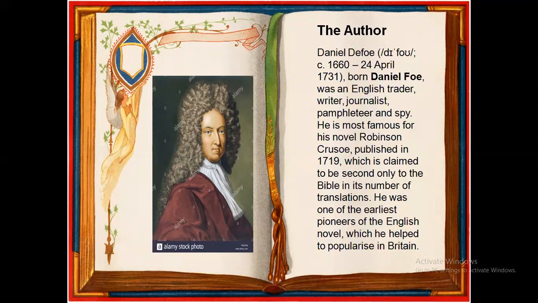He is also famous for his novel Robinson Crusoe, published in 1719, which is claimed to be second only to the Bible in its number of translations. He was one of the earliest pioneers of the English novel, which he helped to popularize in Britain.